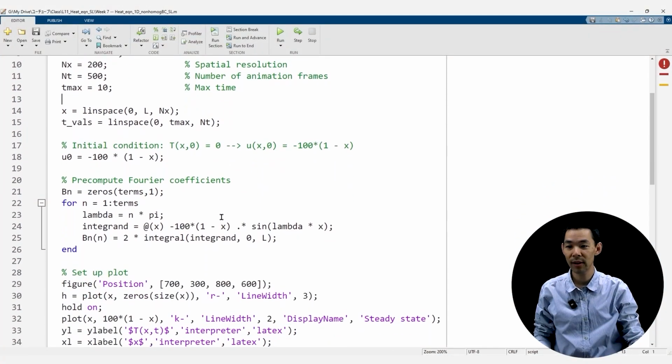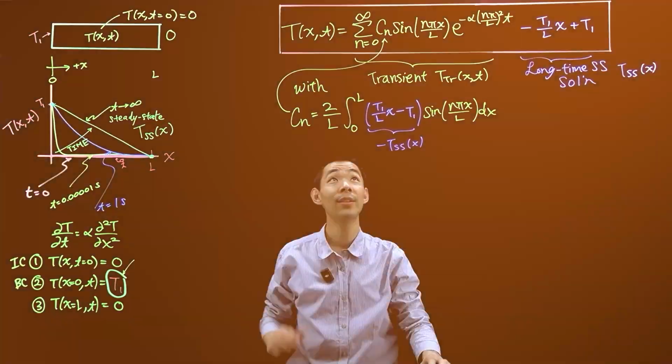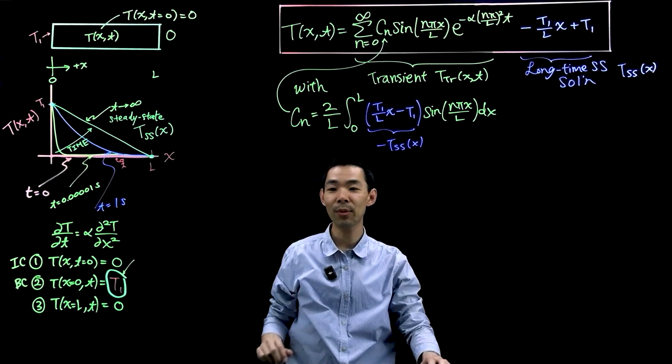And you can see down here that when I defined the Fourier series coefficients, I have just the negative of the T steady state solution times sine, and lambda is simply defined as n pi over L, but L is equal to 1, so it's just n pi. And I'm calculating my coefficients b sub n right here, and just sticking it right into this temperature profile.